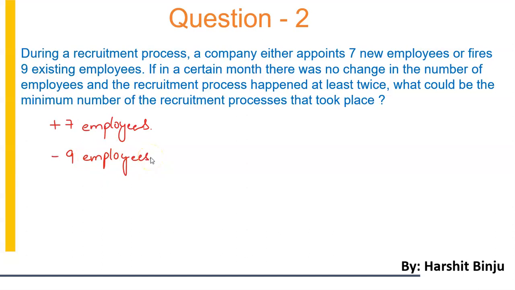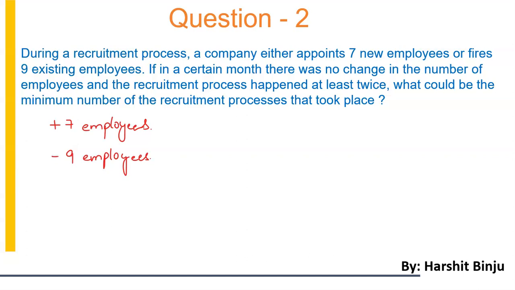If in a certain month there was no change in the number of employees and the recruitment process happened at least twice, what could be the minimum number of recruitment processes that took place? So either the company is appointing 7 or firing 9. In a certain month there was no change, however the recruitment process happened. That means the firing and appointing did happen.